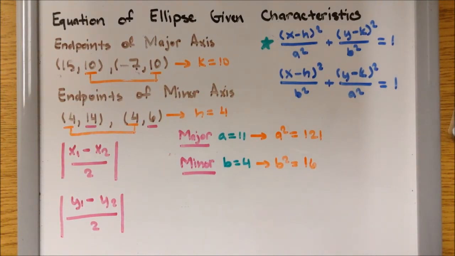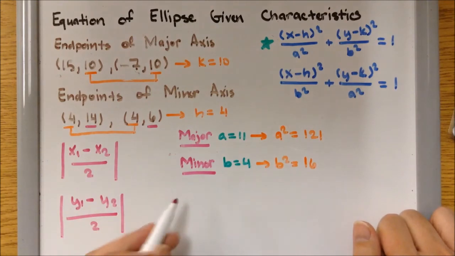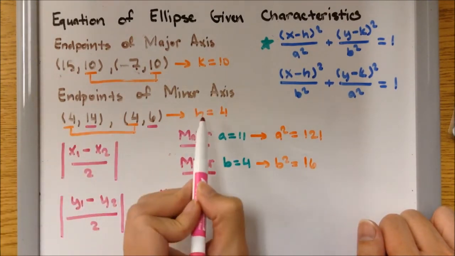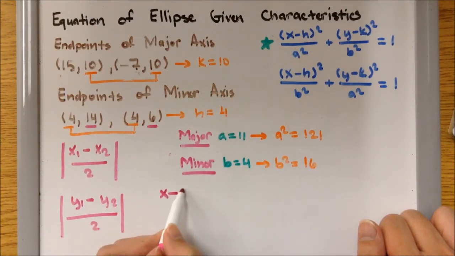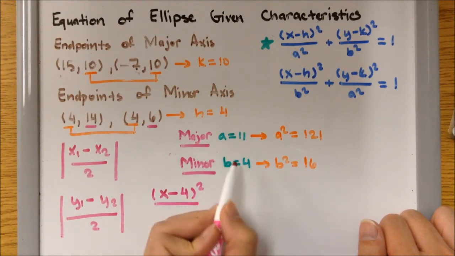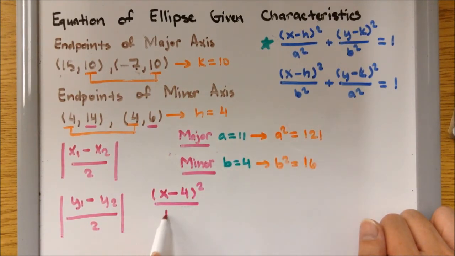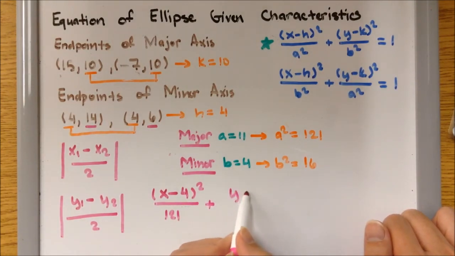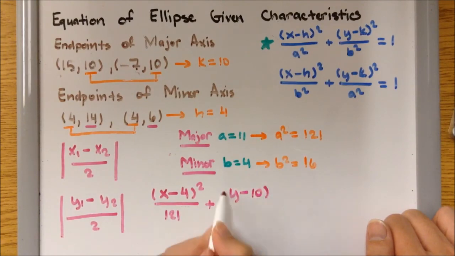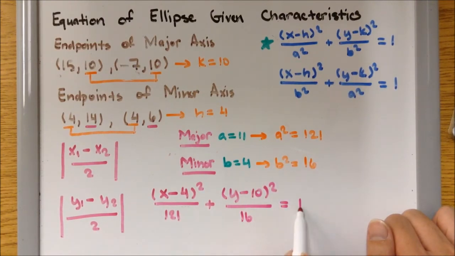So it is going to be x minus, since my h value is positive 4, I'm just going to plug it in, the square of it, over my a squared, which is 121, plus y minus, since my k value is positive 10, I'm just going to plug it in, and my b squared is 16, equal to 1.